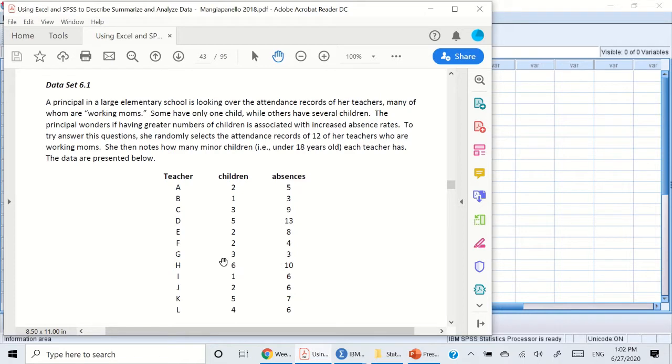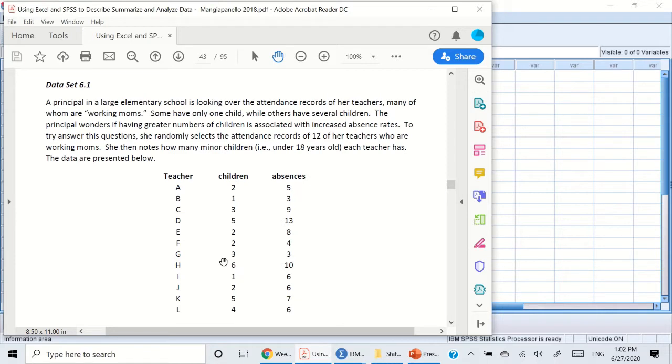Okay, a principal in a large elementary school is looking over the attendance records of her teachers, many of whom are working moms. Some have only one child, while others have several children. The principal wonders if having greater numbers of children is associated with increased absence rates.